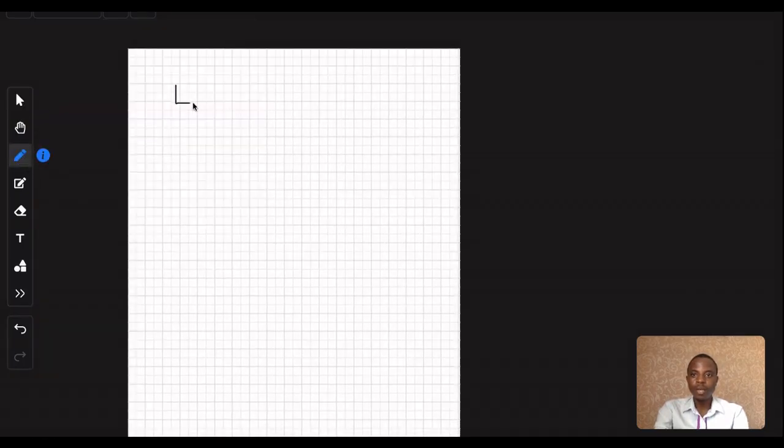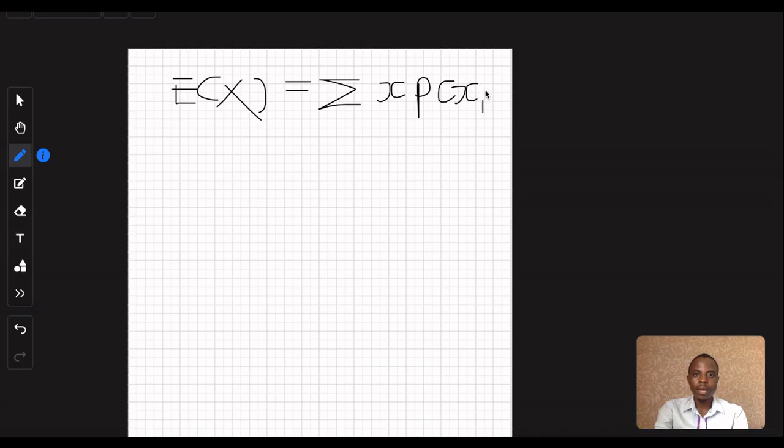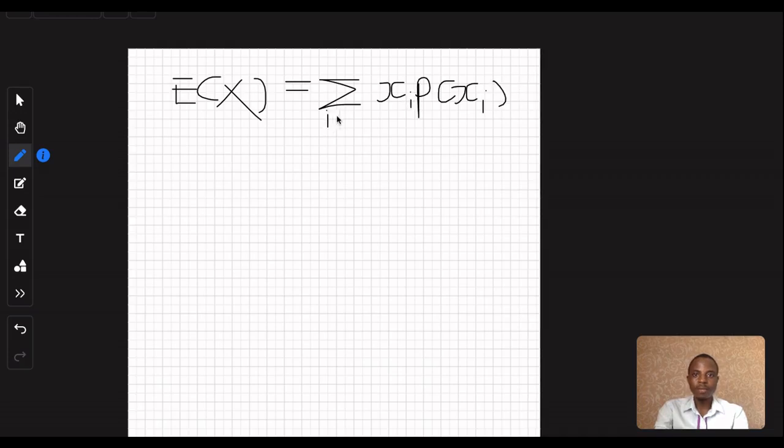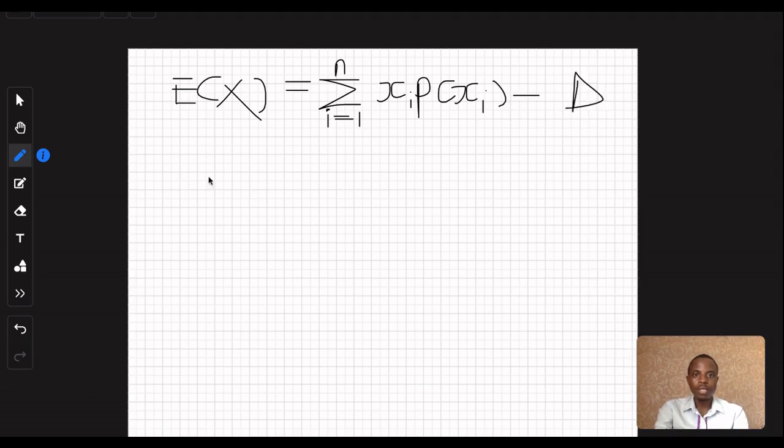That's why we said the expected value of X equals summation X P of X. And don't forget we added I here. We said I takes value from 1 to n. But that is for the case where our random variable is discrete.